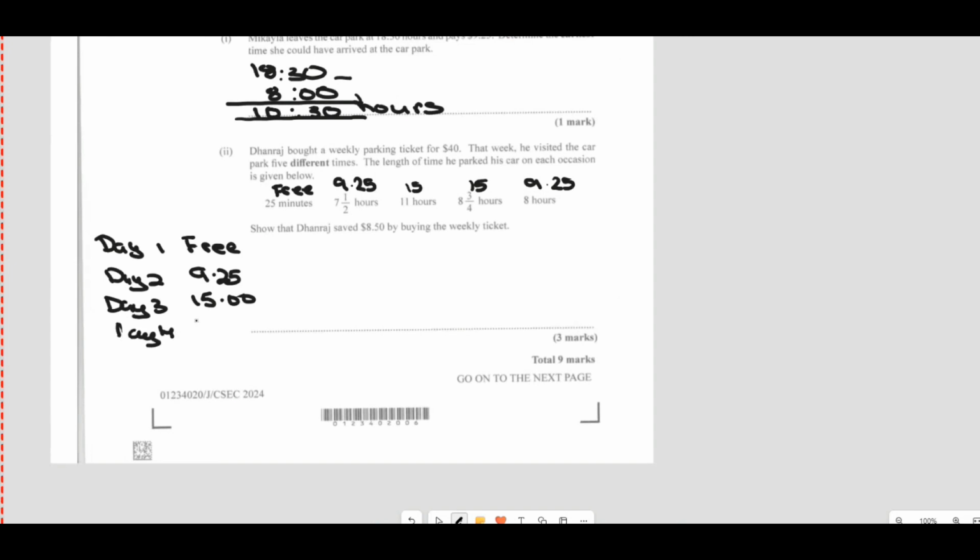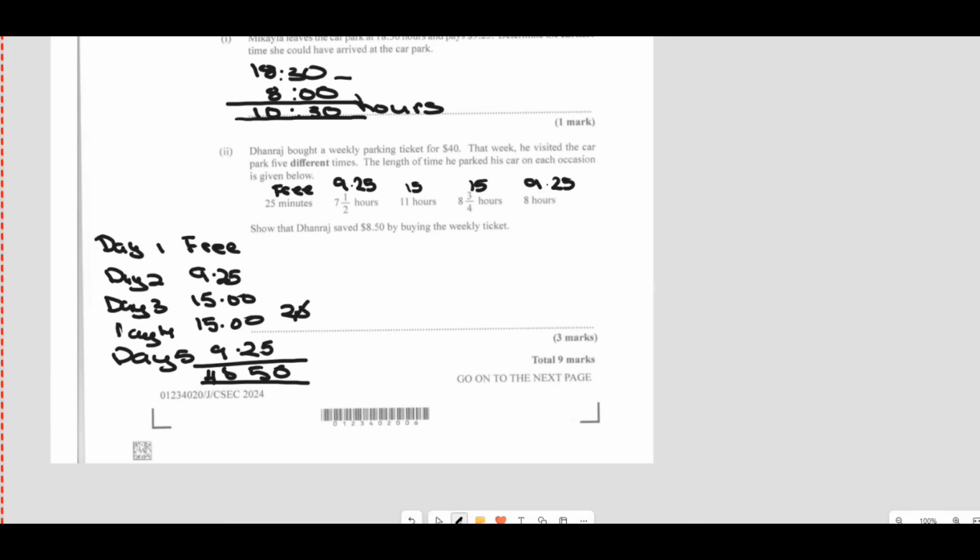Day 4 is also $15. And day 5 is $9.25. So when you add all of this up, 25 and 25 cents is 50, right? Then 9 and 9 is 18, 18 and 10 is 28. So 28 outside here, right? 1, 2, 3, 4. So if he paid for each day, it would be $48.50.